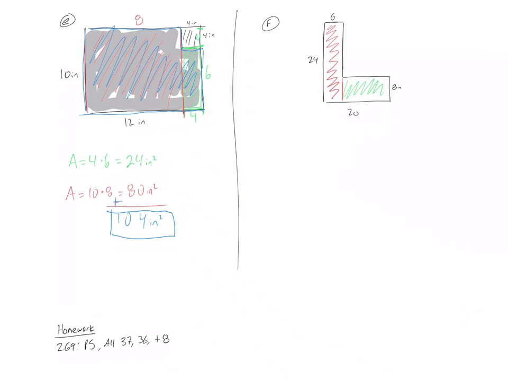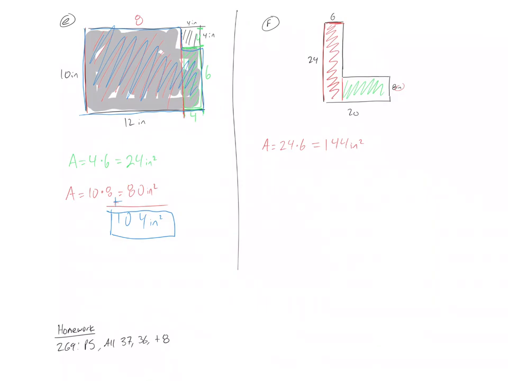So the red one's actually decently easy because we have the height right here and we have the width right here. So I just have to say area of the red part is going to be 24 times 6, which comes out to be 144 inches squared.